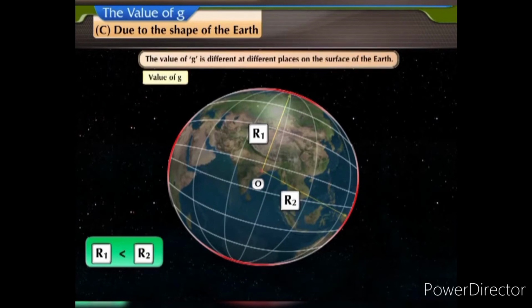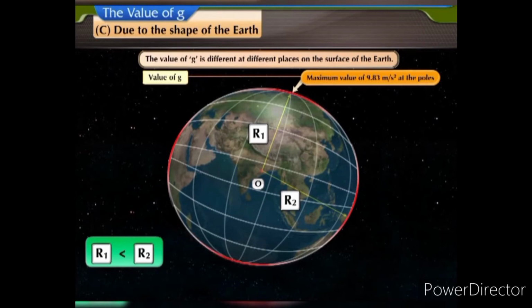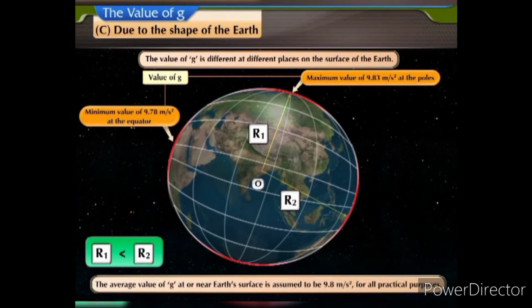The value of g is different at different places on the surface of the earth, ranging from a maximum value of 9.83 meters per second square at the poles to a minimum value of 9.78 meters per second square at the equator. For practical purposes, the average value of g on or near the earth's surface is assumed to be 9.8 meters per second square.